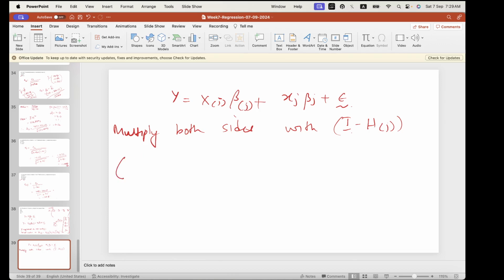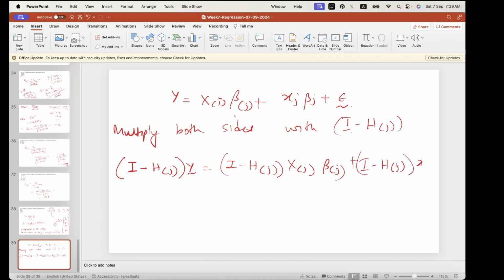Then we have y minus Hj y equal to I minus Hj xj beta j plus I minus Hj X_j beta_j plus I minus Hj into epsilon.